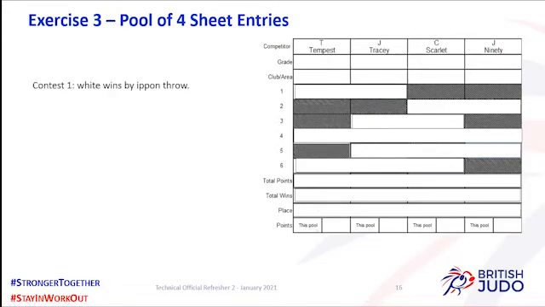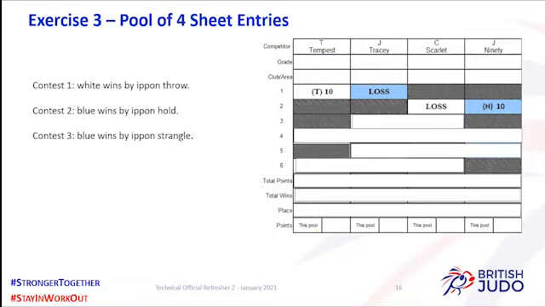So, exercise 3, pool of 4 sheet entries. White wins by ippon throw, blue wins by ippon hold, blue wins by ippon strangle. What would we put? Any volunteers for what we put in this one?